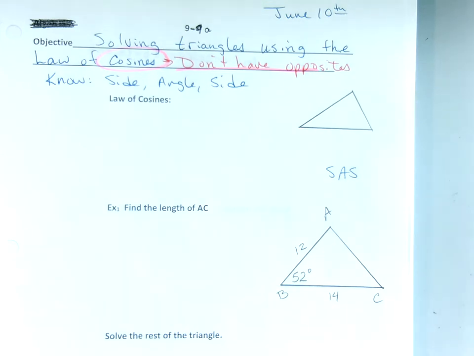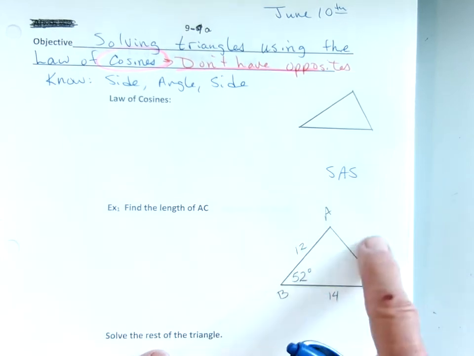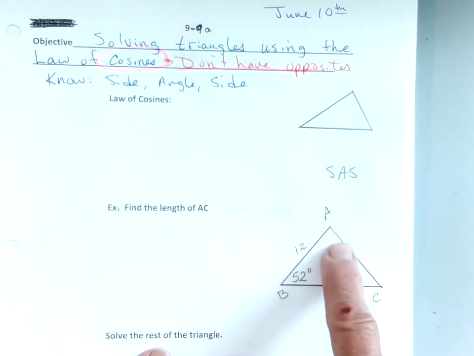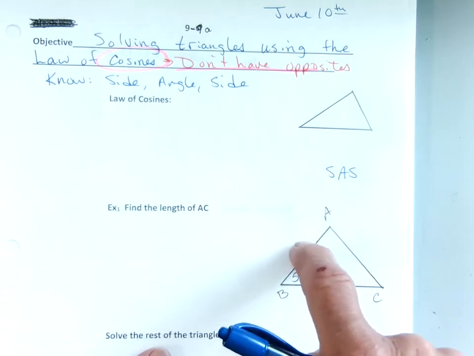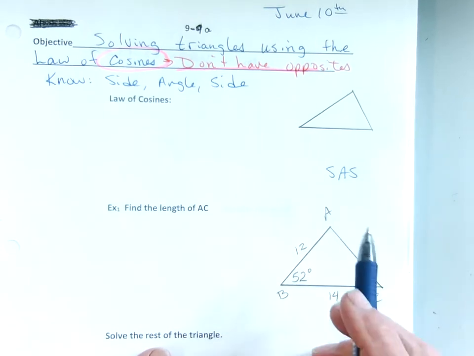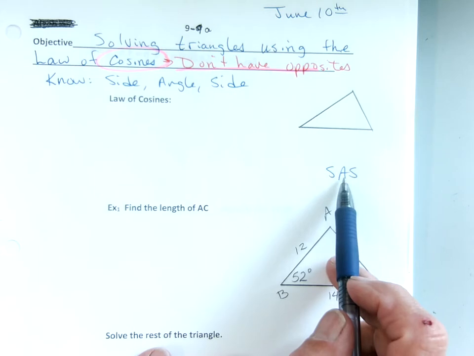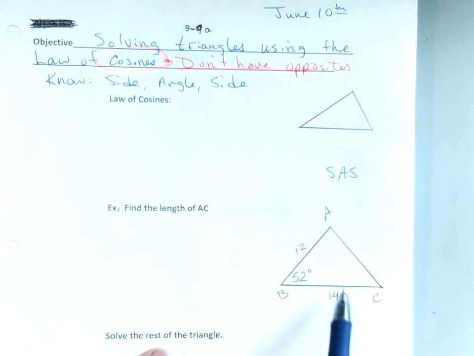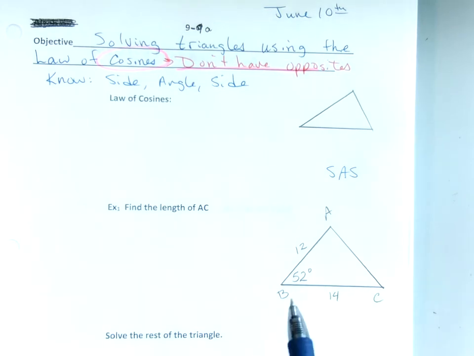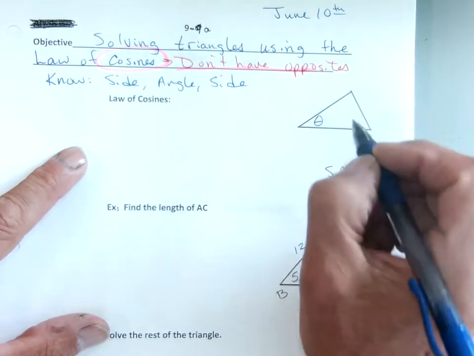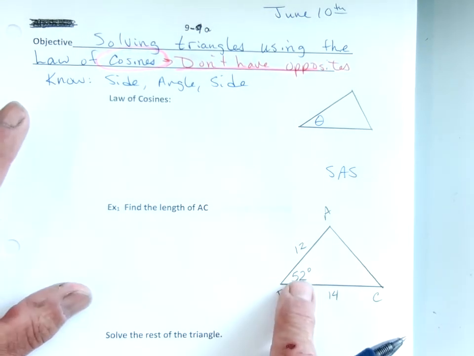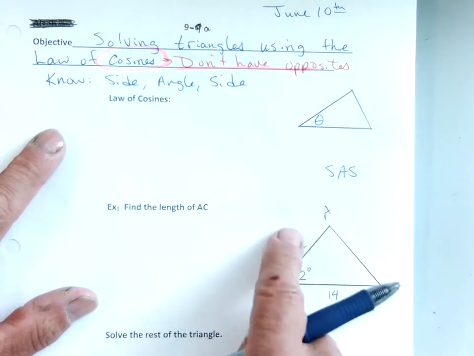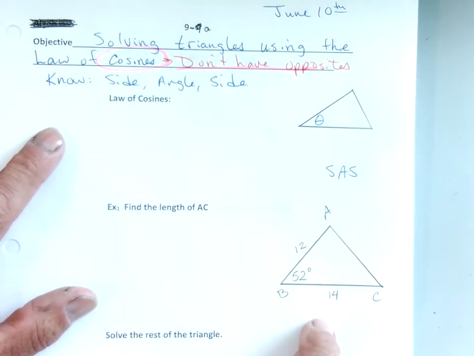So here's what I know. Taking a look at this example, I don't have a pair of opposites at all. But I have a side angle side. The angle is in the middle, in between the two sides. The law of cosines deals with an angle, theta, like 52, and these two sides. These two sides are the adjacent sides.